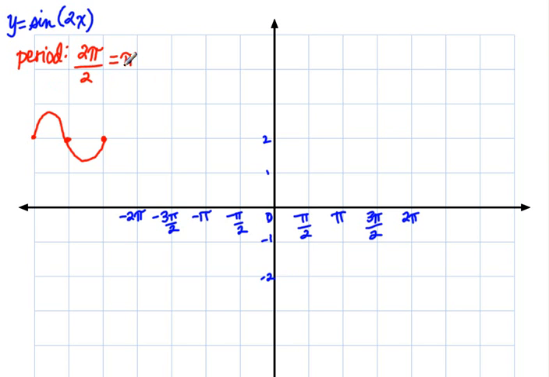So in pi units we've got to make this complete cycle. So that would mean our beginning point is at 0, the ending point of the cycle is at pi. We know in between the 2 zeros it reaches another 0. And then in between 0 and pi over 2 it reaches its maximum. And in between pi over 2 and pi it reaches its minimum. And so it reaches one complete cycle in pi units.